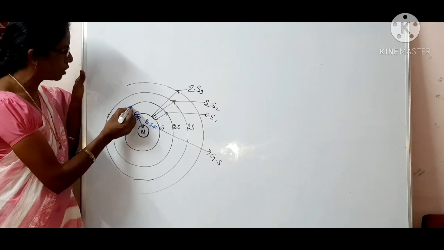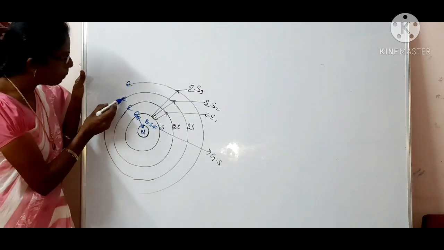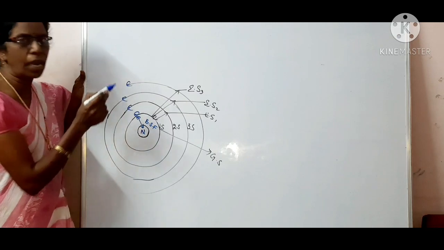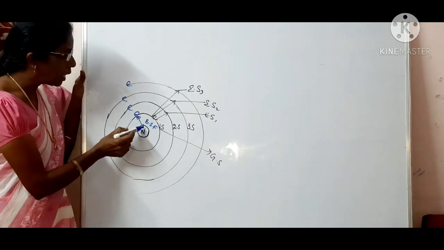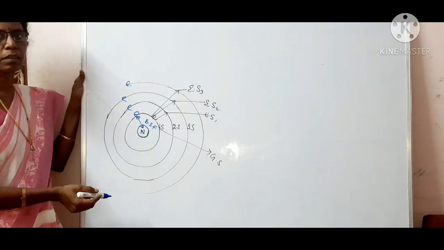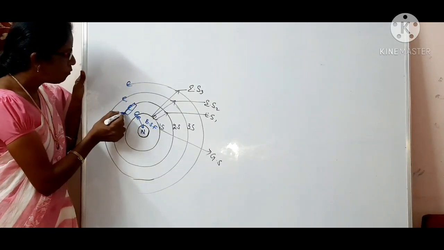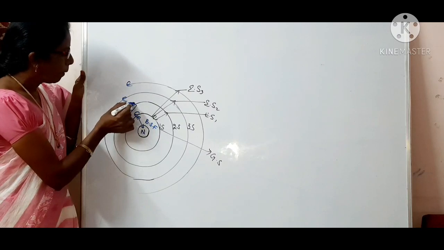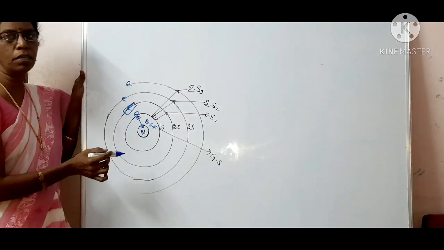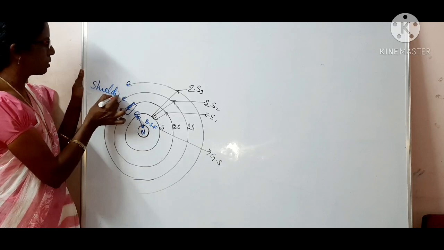So you may have electrons here, here and also here. Now there will be a repulsive force between the valence electrons and the inner electrons. This will decrease the electrostatic force of attraction on the valence electron by the nucleus. This inner electron will form a shield between the valence electron and the nucleus. This effect is called the shielding effect.